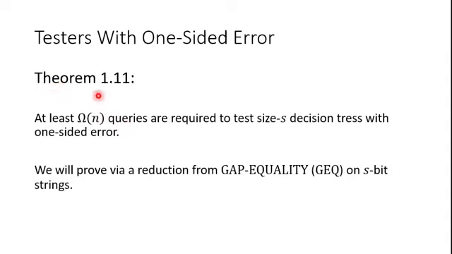So now we will prove another theorem, theorem 1.11, which states that at least omega n queries are required in order to test size s decision trees with one-sided error. And we will prove this via a reduction from the gap equality problem on s-bit strings.